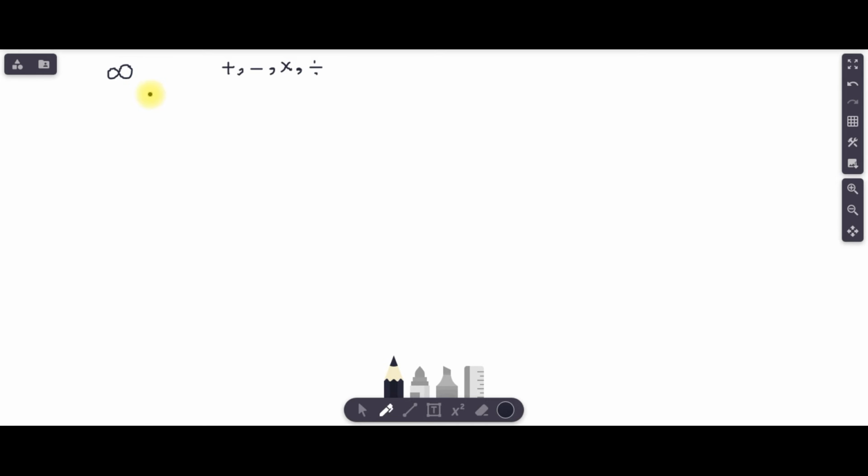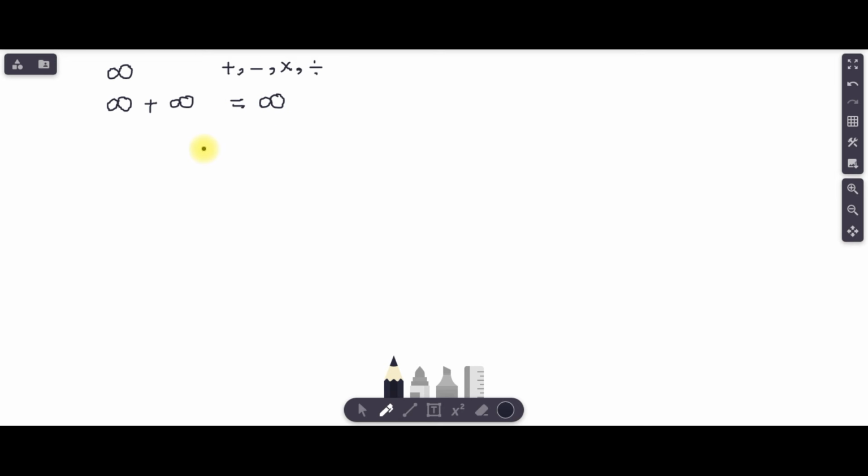Suppose I take one infinity and add another infinity. It's a very big number which we represent with the symbol infinity. This big number will always be infinity, which we can tell well in advance.